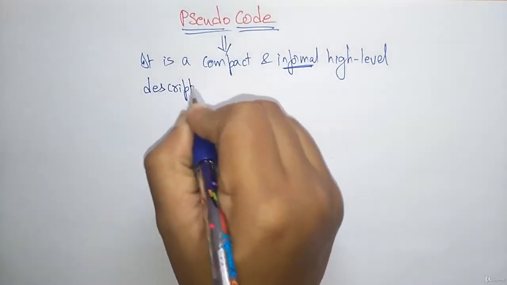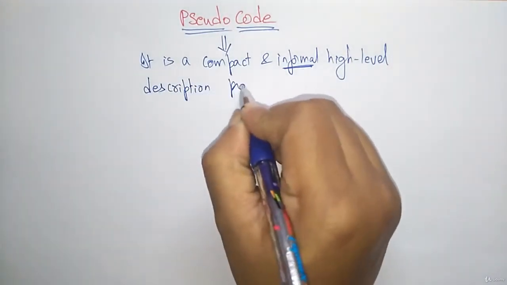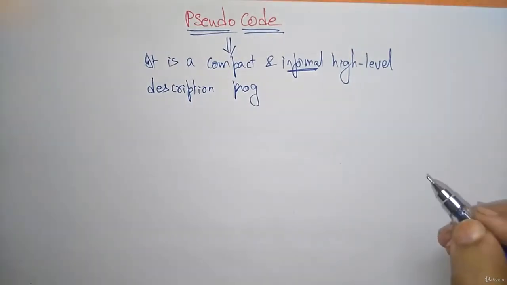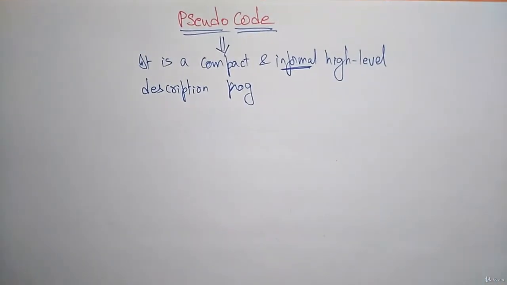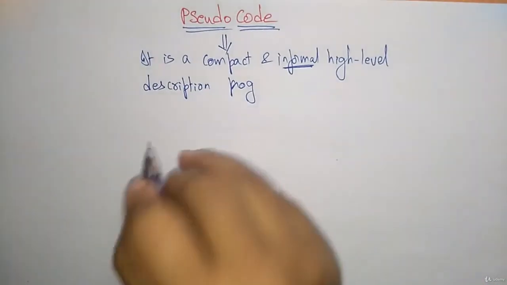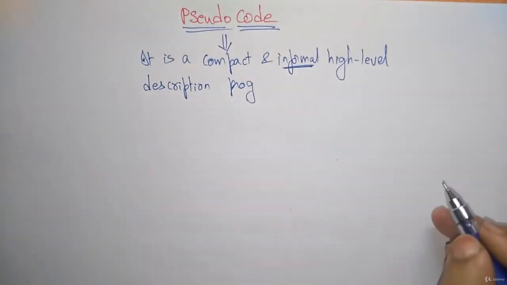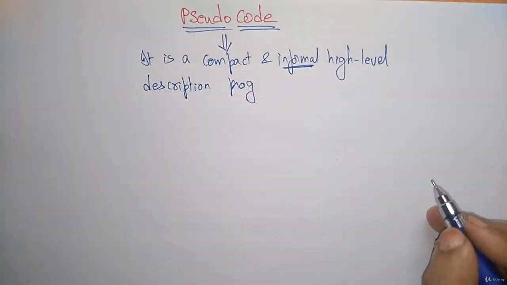So this you have to note: compact and informal. It's just describing the program. Before writing your program, if you write it in the form of pseudocode, then you will understand what steps you have to take while writing the program. A pseudocode is a compact and informal high level description of a program.